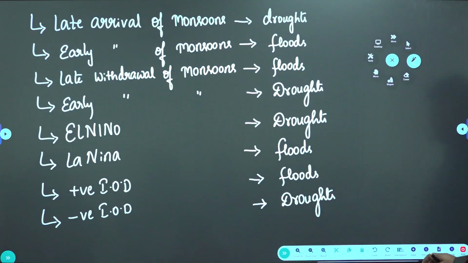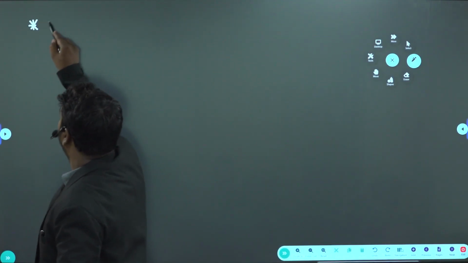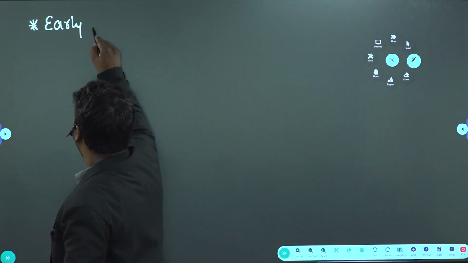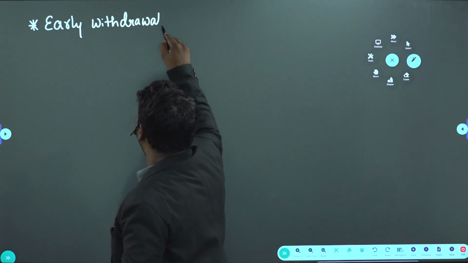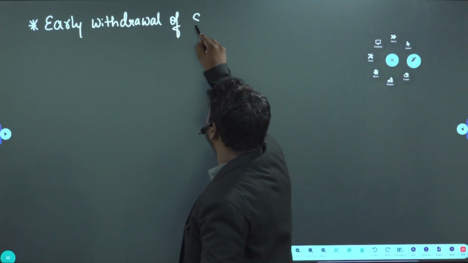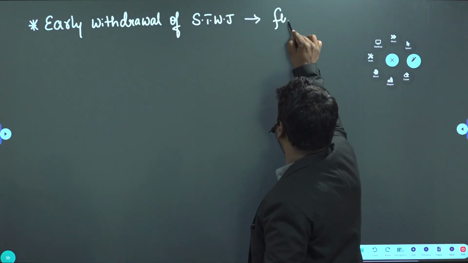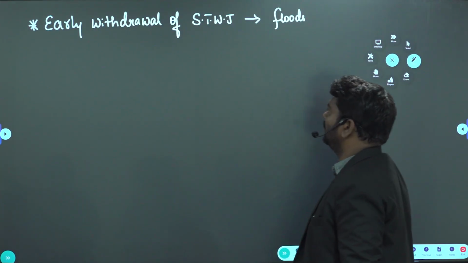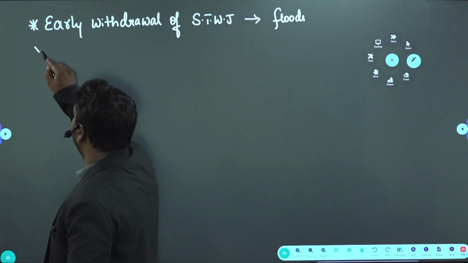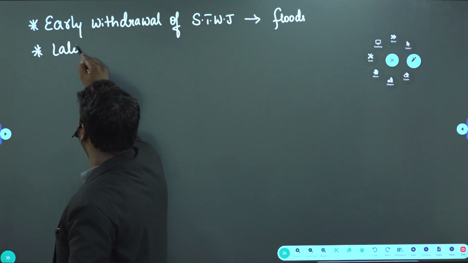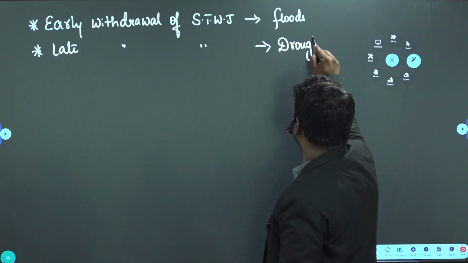So, based on the jet stream: early withdrawal of the subtropical westerly jet stream, the moment the jet stream goes, it will be floods. Late withdrawal leads to droughts.